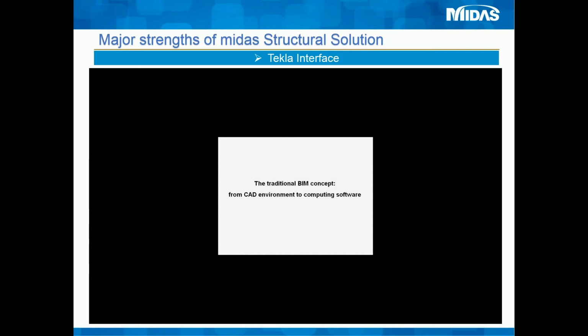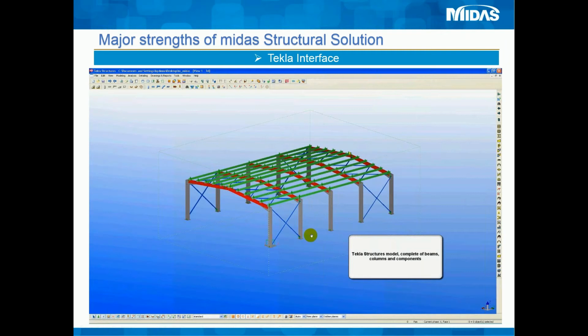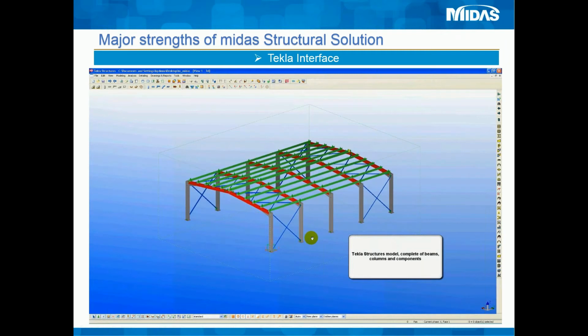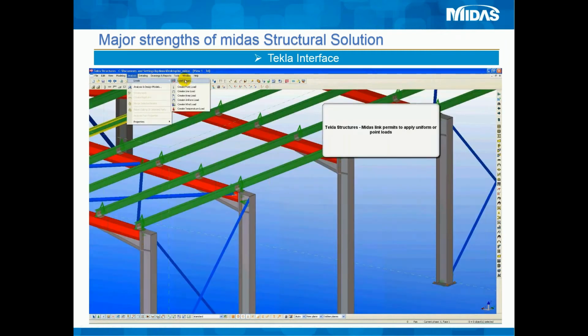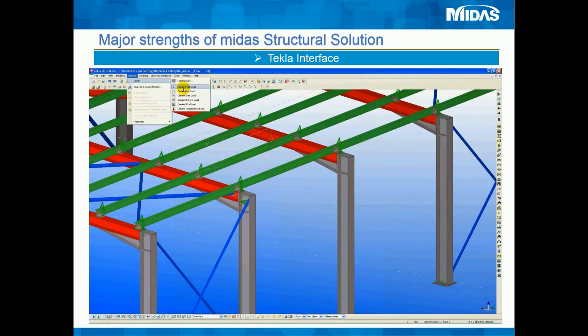This is regarding the Tekla interface. This is the entire structure modeled in Tekla. MIDAS link can take the point loads and UDLs that have been applied in the Tekla model.